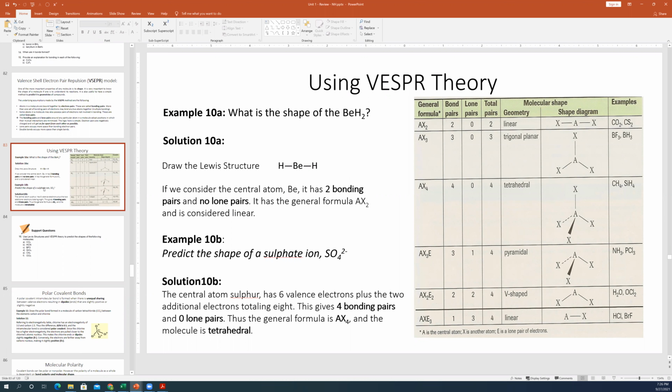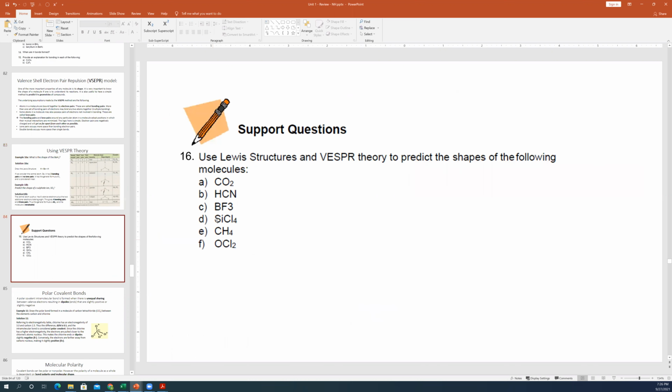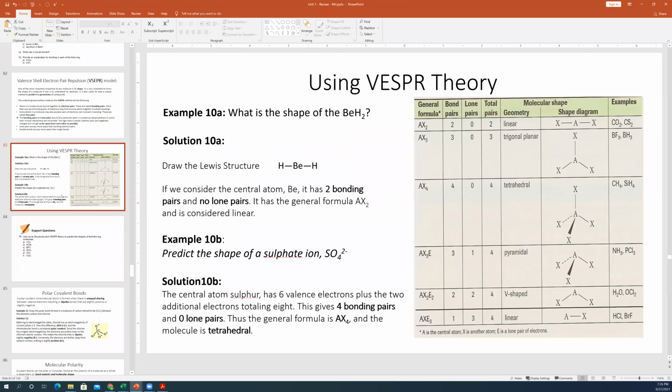Linear. Linear too, yes, exactly. It would also be linear. It would be an AX2. So how about BF3, this example? Trigonal planar. Trigonal planar. Very good, yes.